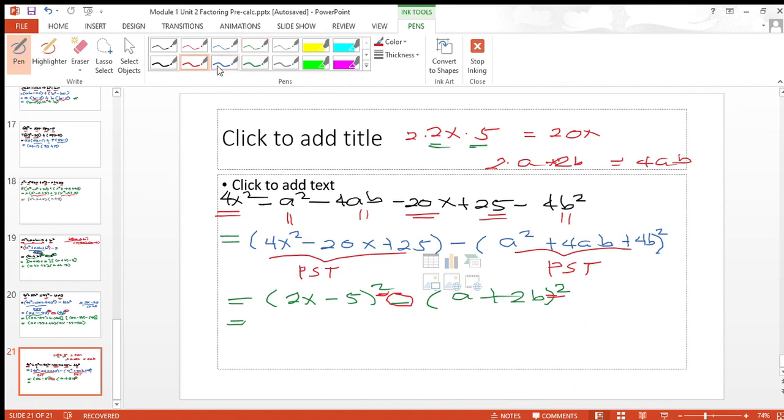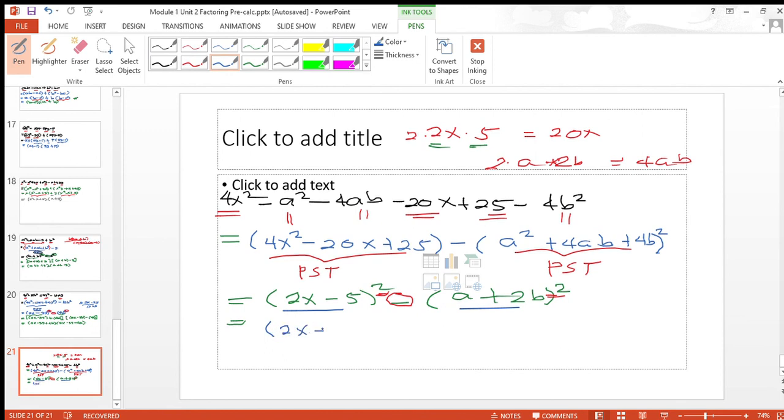Therefore, if it's a difference of two squares, first term squared minus second term squared. So, our first term is 2x minus 5. Our second term is a plus 2b. And how do we factor a difference of two squares?